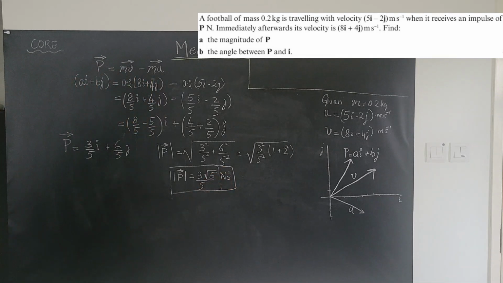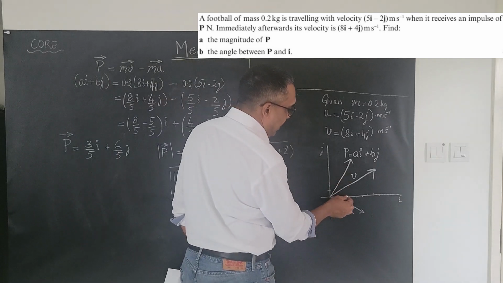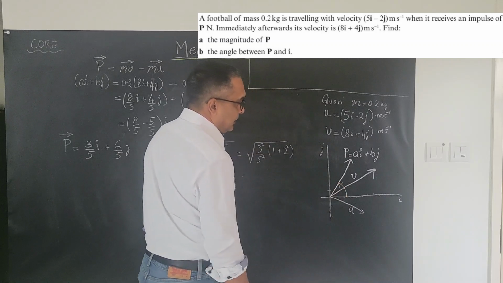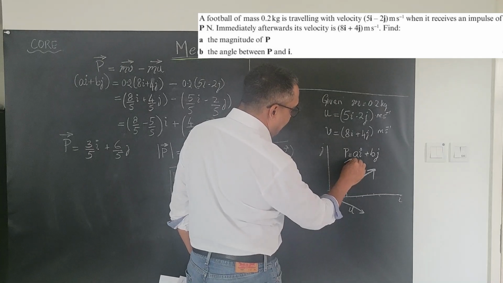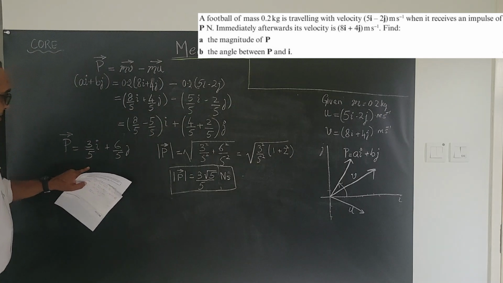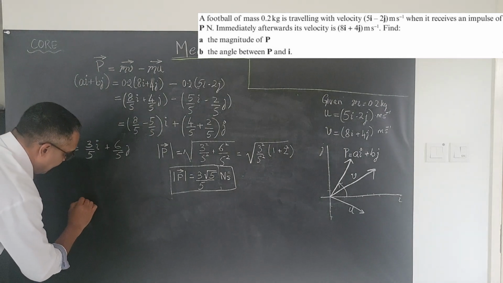That's the magnitude. Now he's asking you to find the angle between P and i, which is this angle. If you know your math, it's easy, but otherwise you could basically say 3 by 5 i. So here I'm going to do this.